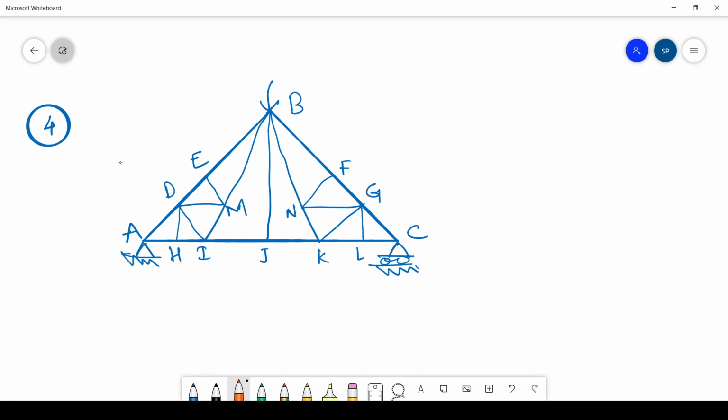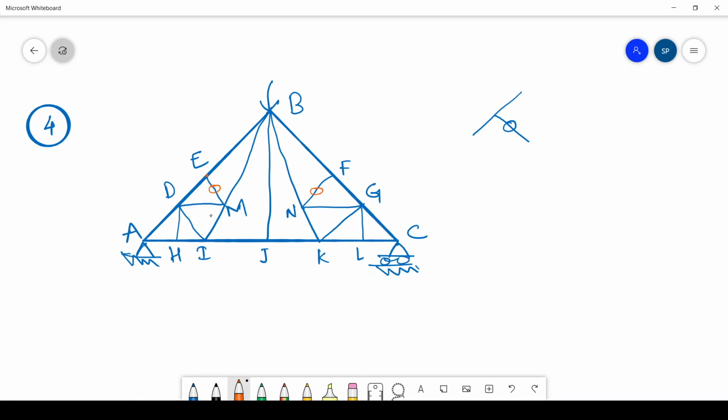So we'll start now, starting with this joint E. At joint E, you see, there is no external load acting, and this member force has to be 0. So you can mark it as 0. Now similar to E joint, there is F joint. Again this member will be 0, right?